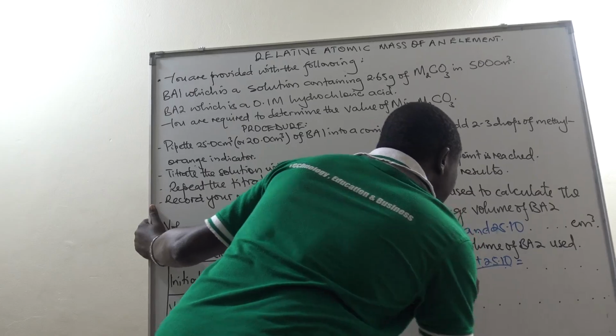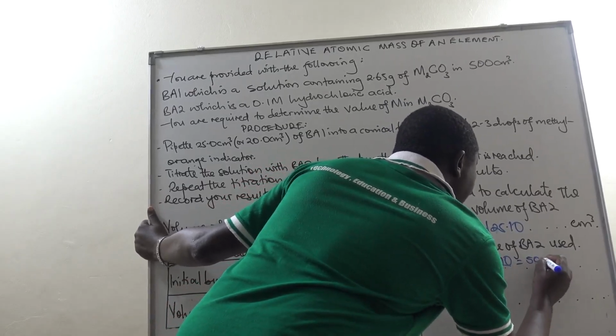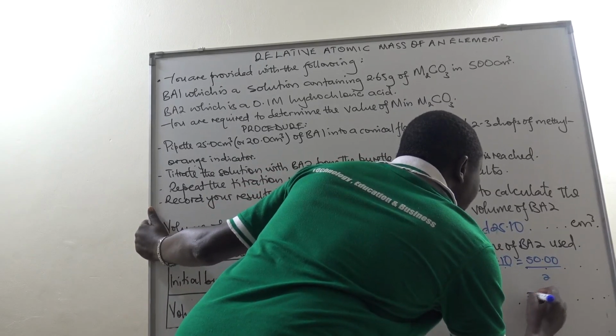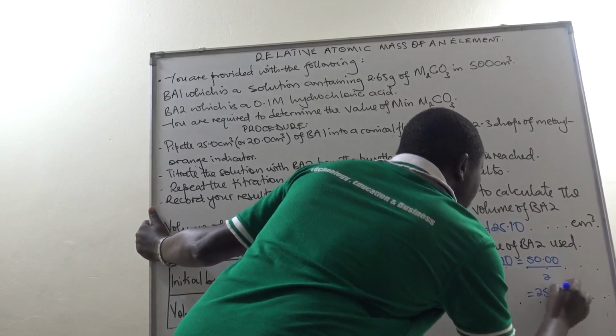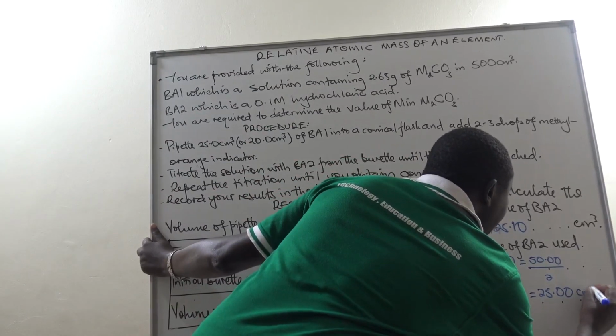So 24.90 plus 25.10 gives us 50.00, and if we divide by 2, we get our average volume being 25.00. So the unit is cubic centimeters.